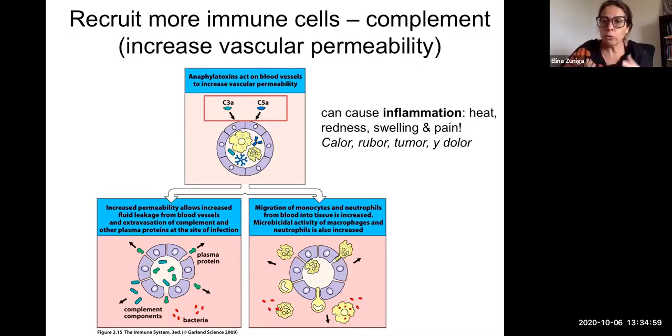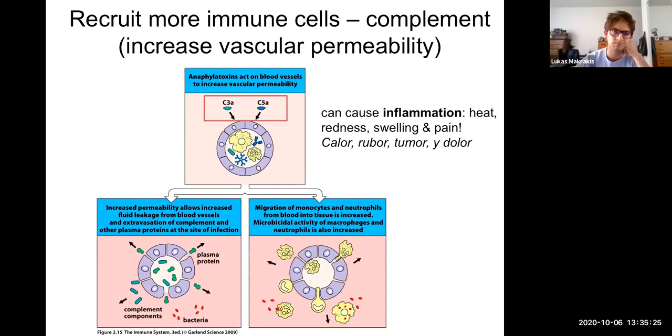And in addition to that, we have learned that there will be extravasation of plasma proteins and also cells into the tissue. And what will that cause? If you have more proteins and more cells that go out to the site of inflammation into the tissue, what would be the consequence of that? Swelling.